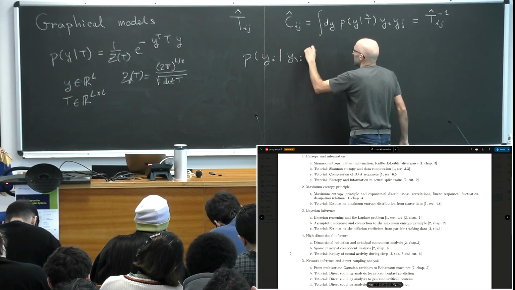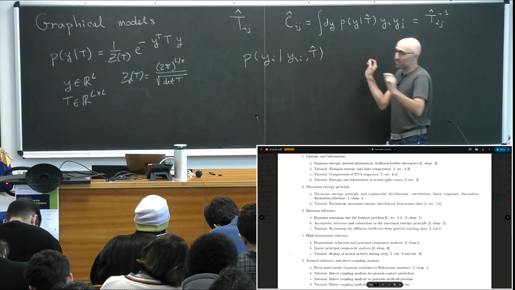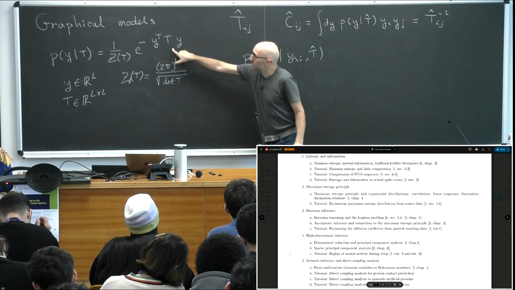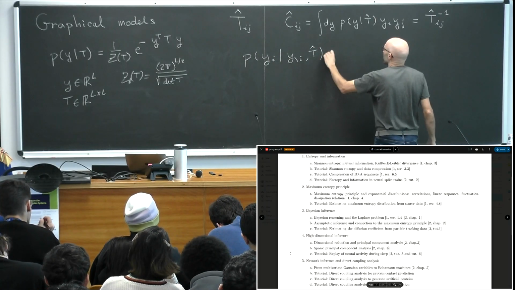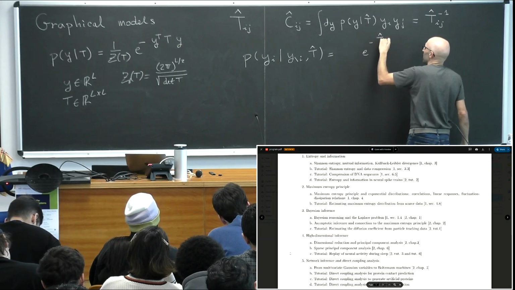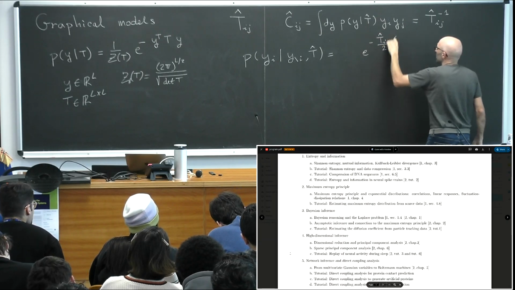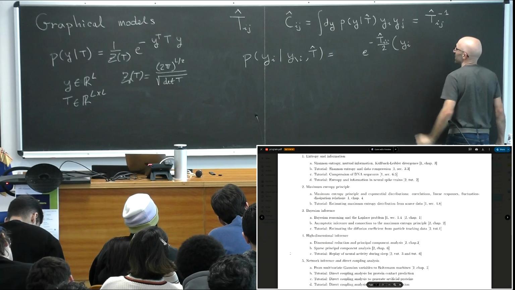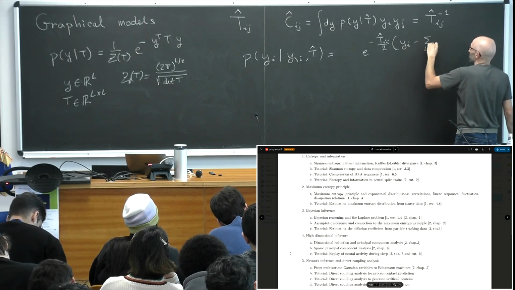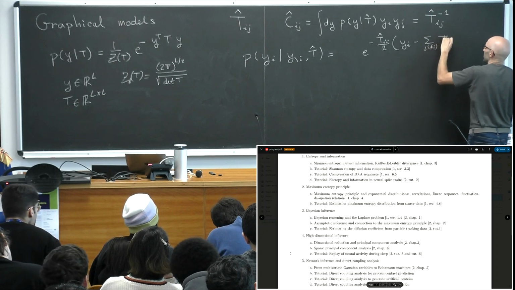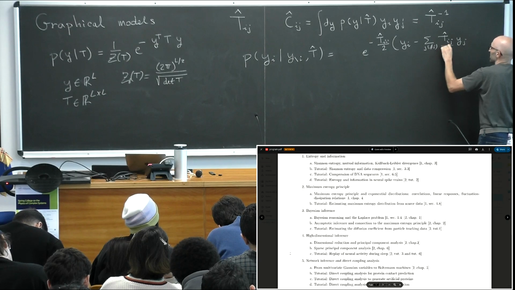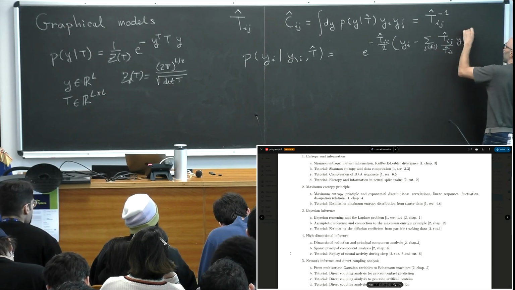So if I fix all the other variables except one and I look at the conditional probability, from here you can see that this is going to be proportional to the exponential of minus Tii over 2 times yi minus the sum over j different from i of Tij yj divided by Tii, squared.